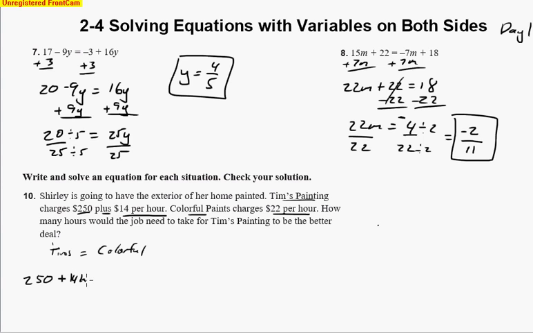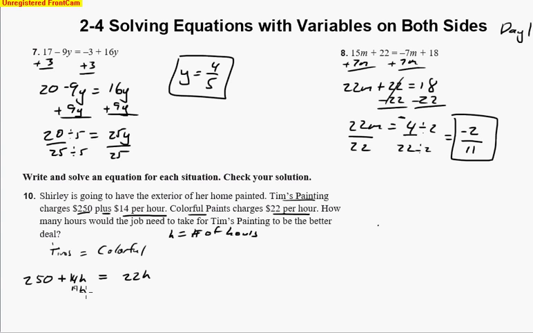So I'm using h equals the number of hours. So from this point, I'll set that equal to Colorful, and they don't have the base charge. They have $22 an hour. So you can see Tim is more expensive to start with because he charges this $250, but he charges less per hour. So eventually he'll be cheaper. So we're going to find out how long it's going to take.